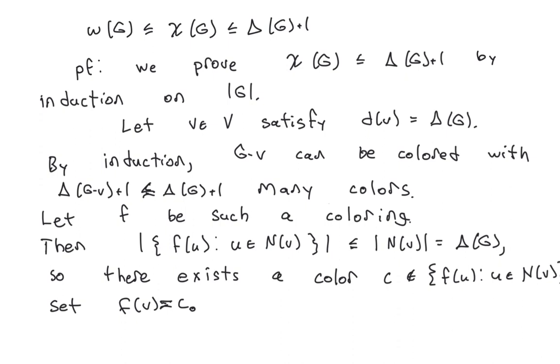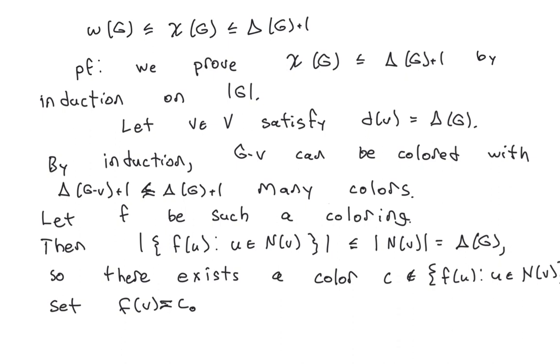And since we have maximum degree plus 1 many colors to work from, this tells us there must be a color that's not in this set. So we set f of v to that color. This also gives you an algorithm for coloring such a graph. You just take a maximum degree vertex and choose to color it last, and then recursively color the rest of the graph first.